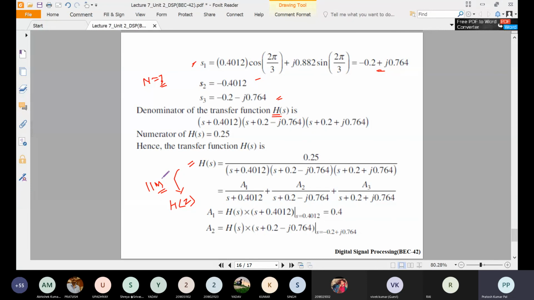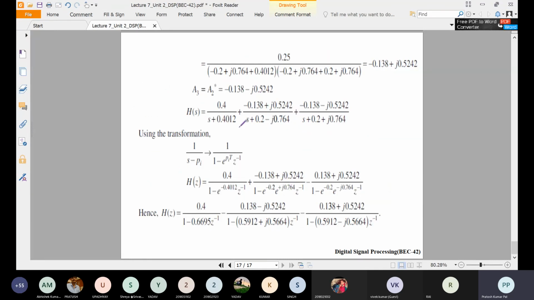In the impulse invariance method, for the mapping formula, we should have the different poles separately. So we need to use the partial fraction method to separate all the poles, and then we get the final representation of H(s) as this.